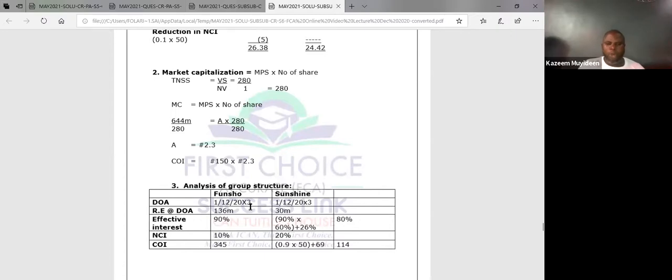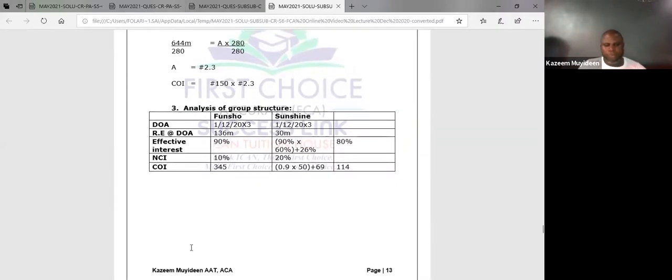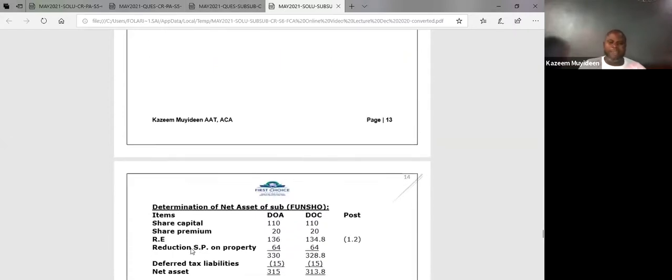He has control on these days. The retained earnings of both of them on that day, I'll just say the date of acquisition, retained earnings at date of acquisition, effective interest, NCI and cost of investment. I'll open it down. I will go again. Determination of net asset of subsidiary, Funsho.